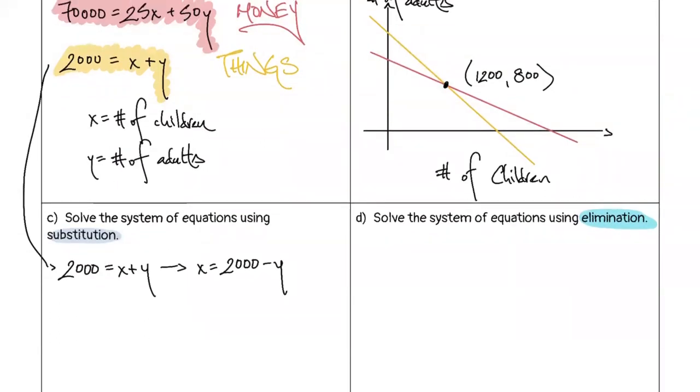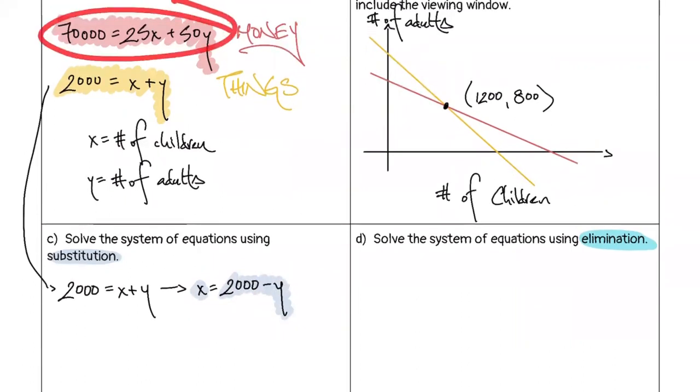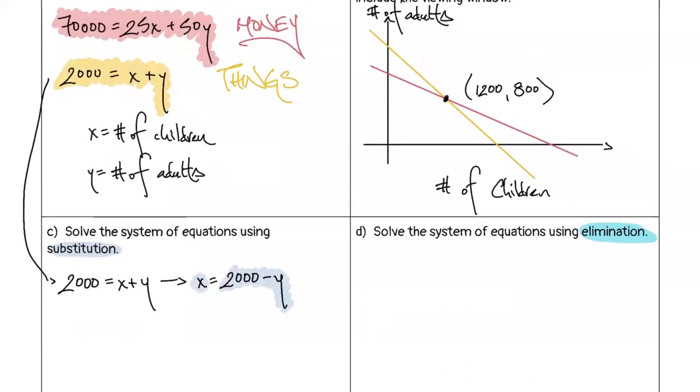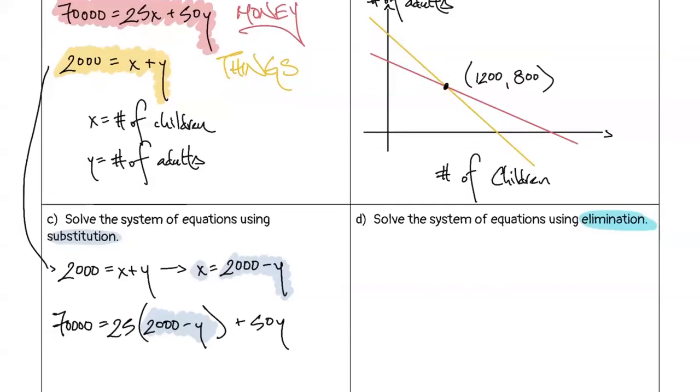But now we have this thing, right? We have that everywhere we see an X, another way of writing it is 2000 minus y. And so we can take that and we can put that into that red equation right there. So we have 70,000 equals 25, but everywhere I see an x, I'm going to put 2000 minus y. And just as a reminder, this is the same thing as the x that was there.